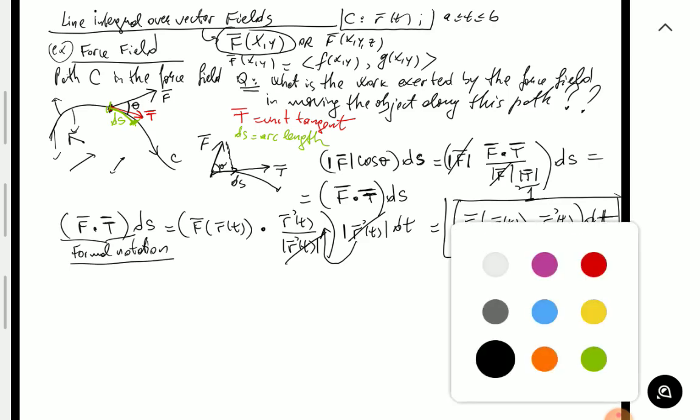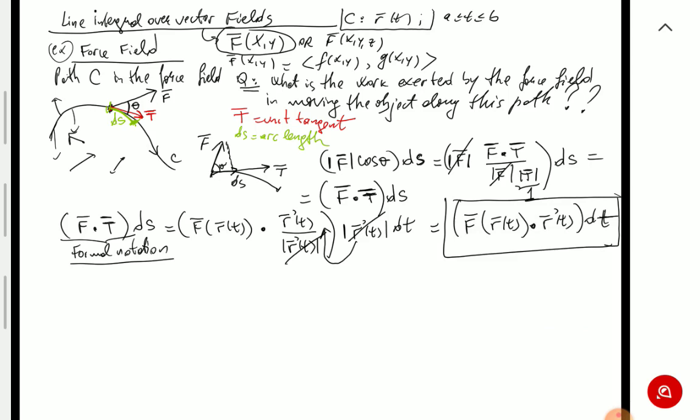So let's write it down, and we're going to write it on the next page as well to have it in front of us. The line integral over vector fields, the formal notation is big F dot T ds.